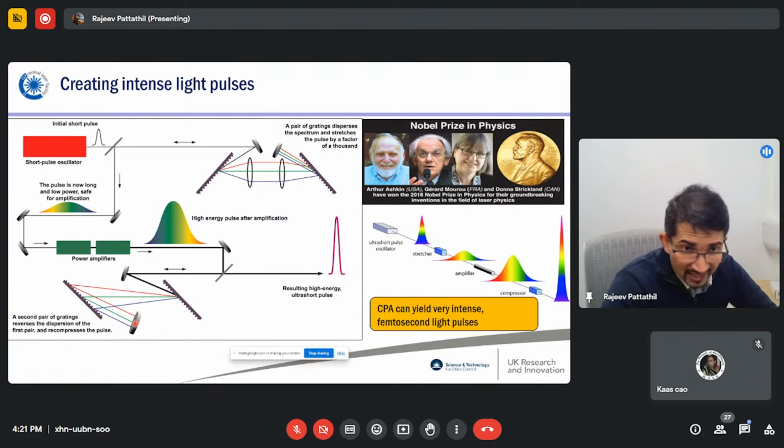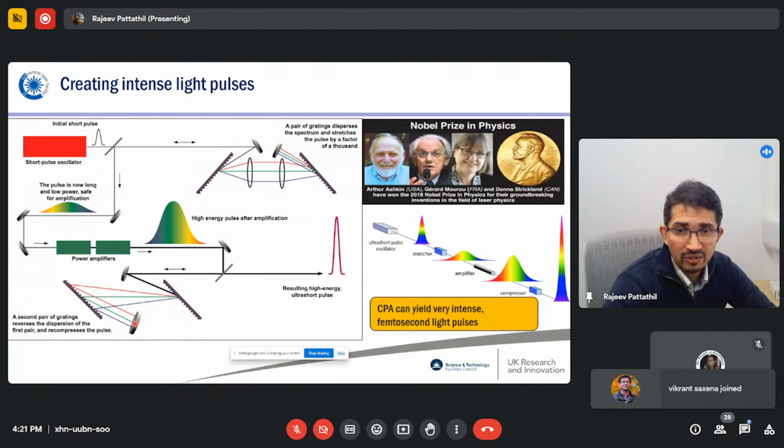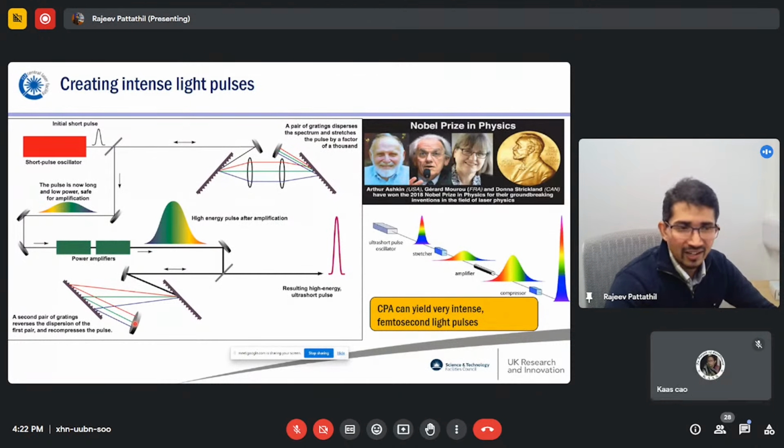This technique was essentially invented by Gerard Mourou and Donna Strickland, and for that they actually got the Nobel Prize a few years ago, back in 2018. So this technique called chirped pulse amplification was essentially required to produce attosecond pulses in some ways.